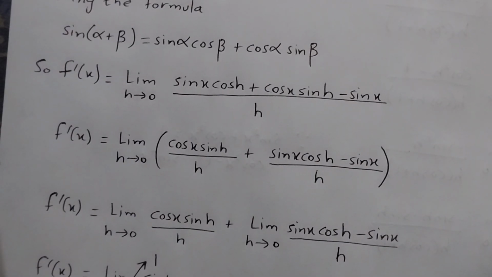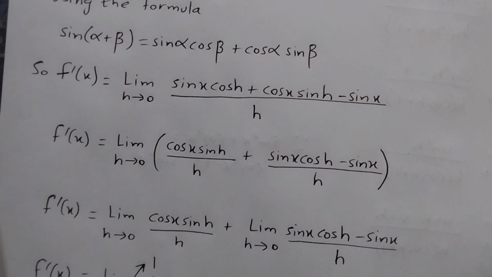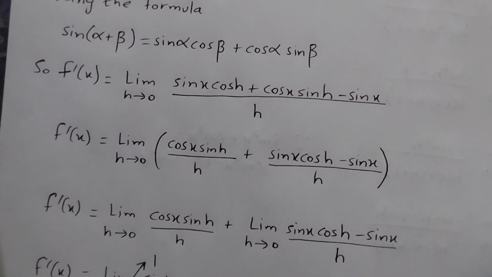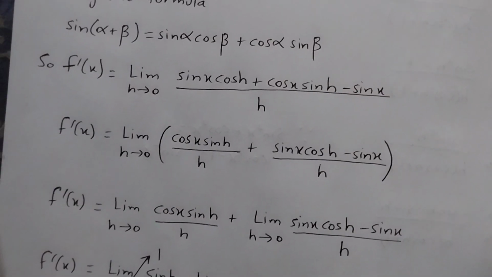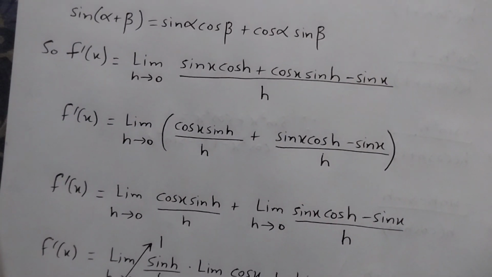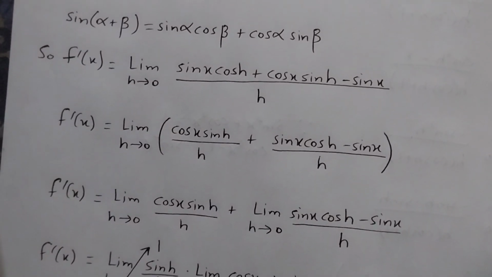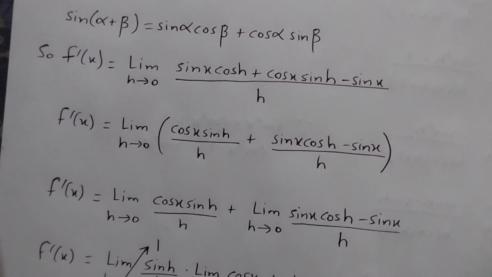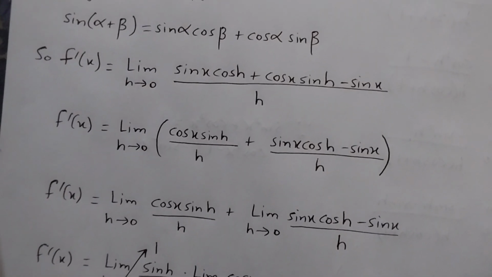So now we'll use a property of limits which states that the limit of a product of two functions is equal to the product of the individual limits of those functions. So we have cos x sin h over h here, the first term. So firstly, I'm using the property that the limit of the sum of two functions is basically the sum of limits of those two functions.